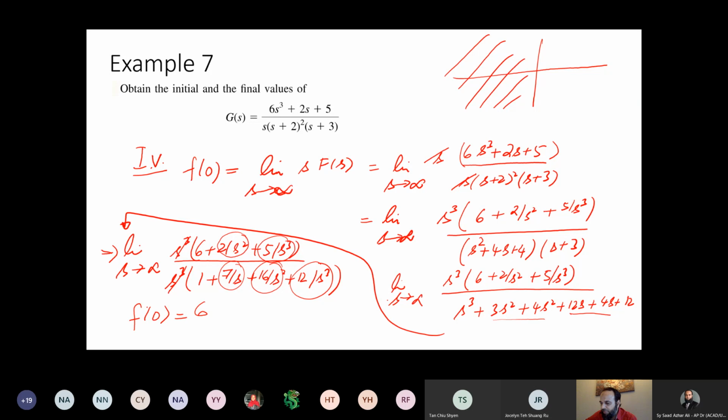So all the poles should be either negative or with negative real part, or maybe 0 as well. So there is one pole at 0, one at minus 3. We have to find the poles for this one. So it's also at minus 2 and minus 2, right? So the poles are at 0, one at minus 2, another at minus 2, and one at minus 3. So that satisfies the condition.